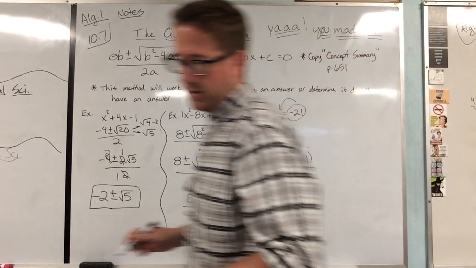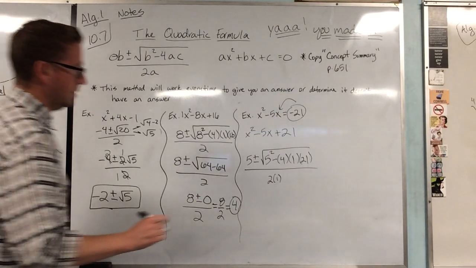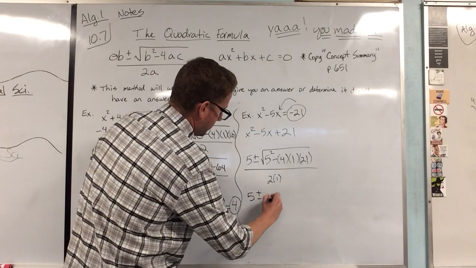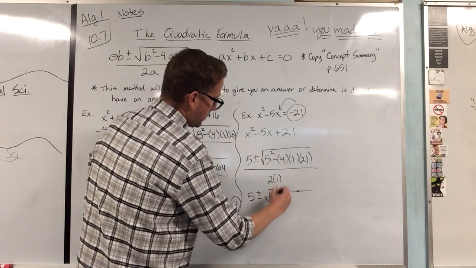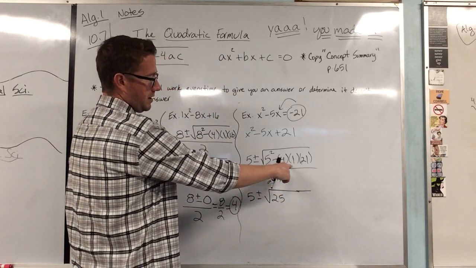Okay, so let's work out our math over here. Let's see, we have 5 plus or minus, and inside our radical, 5 squared is 25. Now, negative 4 times 1, negative 4.